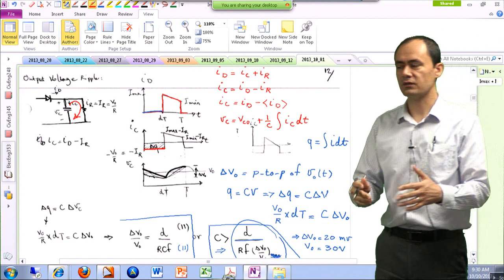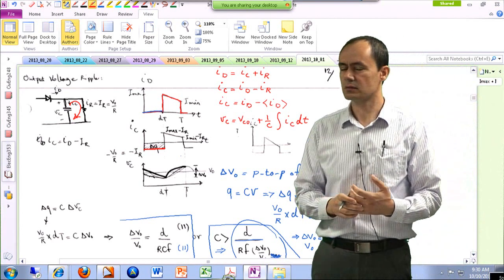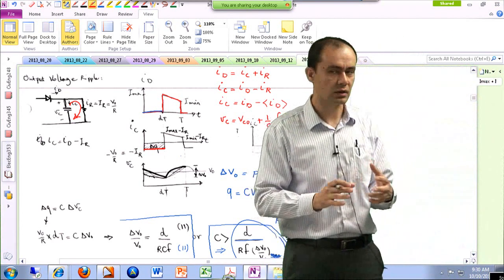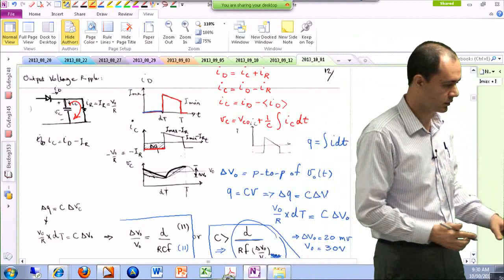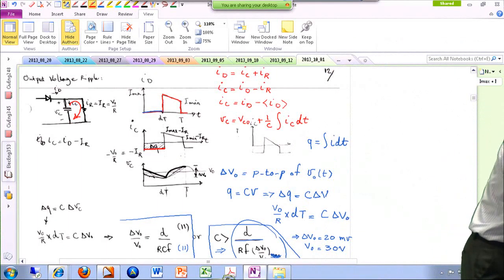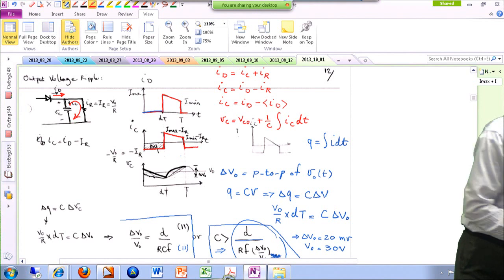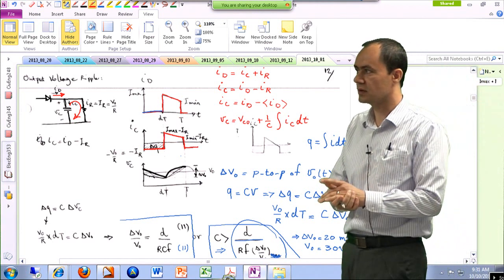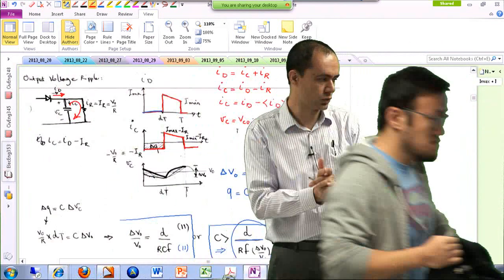And because we are assuming the voltage of this cap is constant or has a large DC component, this current is almost constant, approximated over here. Then in the second mode, this diode is on, so basically we will have some positive current charging the cap. So on average, the current of the cap should be 0. That means the capacitor is neither getting charged nor discharged.